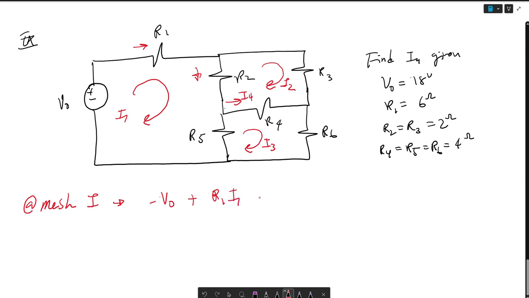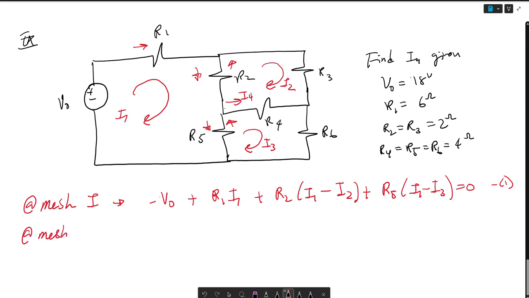So R1 I1 plus R2. The current I1 is going into my resistor, but it's being opposed by this I2 coming out of my resistor. So I need to subtract I2 from it. And then plus R5 times I1 minus I3, because again, I1 is going into this R5, but then being opposed by this I3, is equals to 0, and this is my first equation.